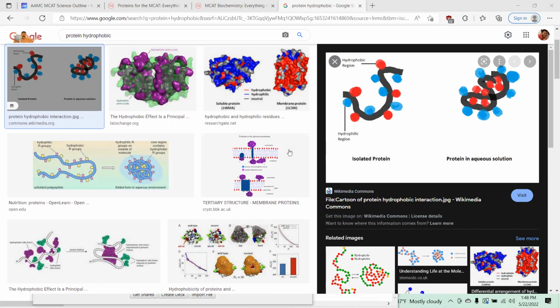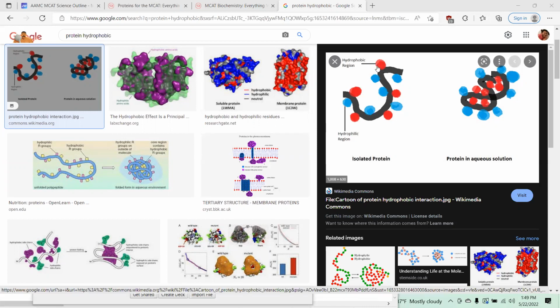Phobia is fear, so phobic is scared and philic is loving. So if we have something hydrophilic, it's going to be happy out in the water. If we have something hydrophobic, afraid, it's going to hide away in the center.